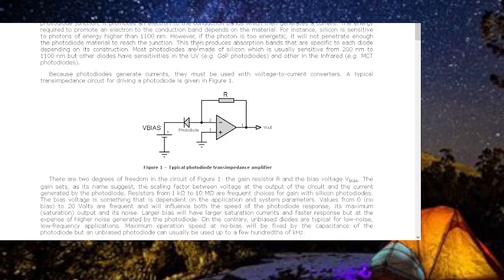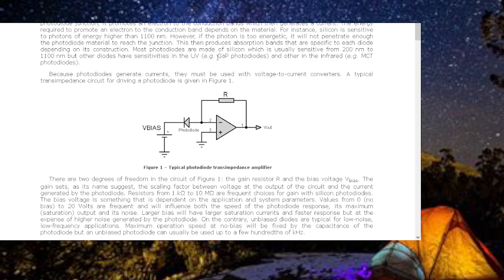That's into the infrared. However, if the photon is too energetic, it will not penetrate enough into the photodiode material to reach the junction. This produces bands that are specific to each diode, depending on its structure. This one is sensitive from 200 nanometers to 1100, but others have other sensitivities. In the UV, gallium phosphide photodiodes.